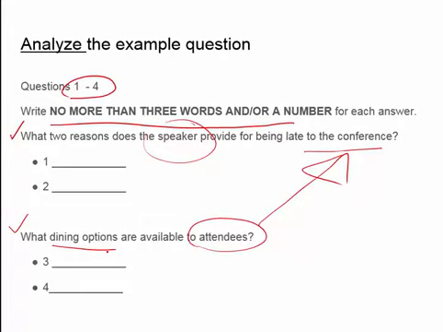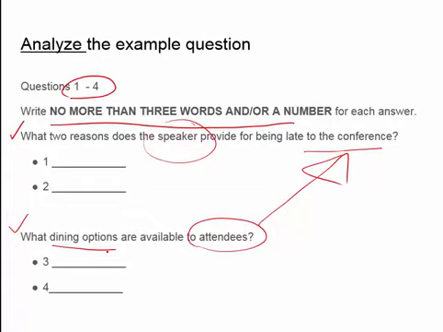All right, now you might be able to predict just from what we see in this question that we are either going to listen to someone speaking to a crowd or somebody speaking to another person, explaining why he or she was late and discussing where they can find a good meal somewhere around this conference.